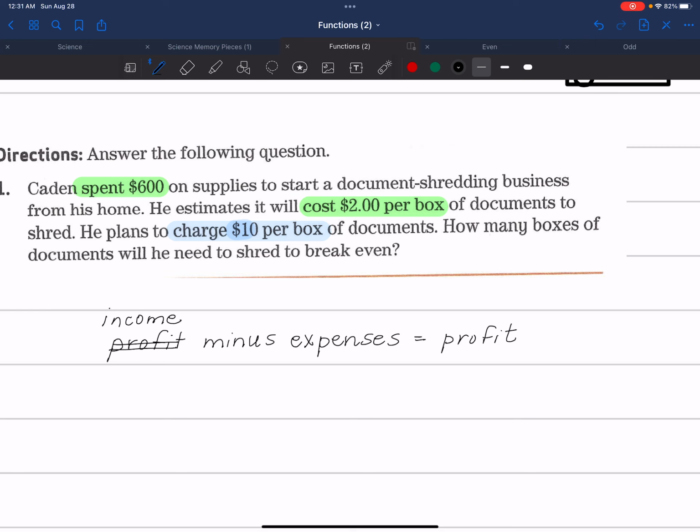Okay, so expenses included his supplies to start, plus the cost per box. His income will be $10 per box.